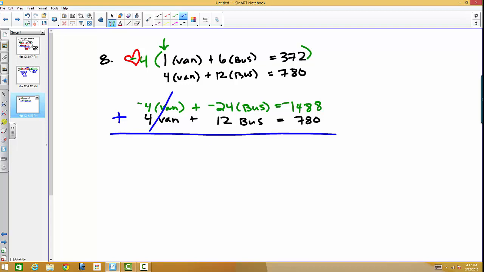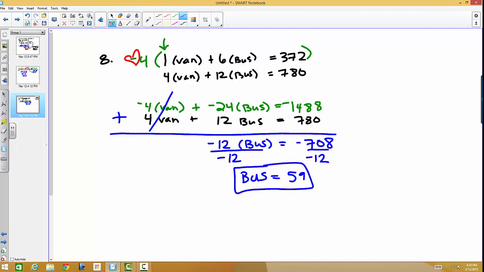So now you have -12 times the bus equals, subtracting those, -708. And then to solve for the word bus, you would need to divide by -12. A number next to a letter means multiply, so to undo multiplication, you do division. And a negative divided by a negative is a positive, so we get 59 people on the bus.